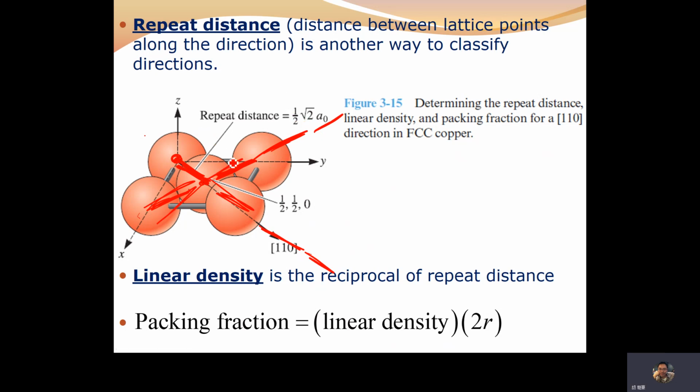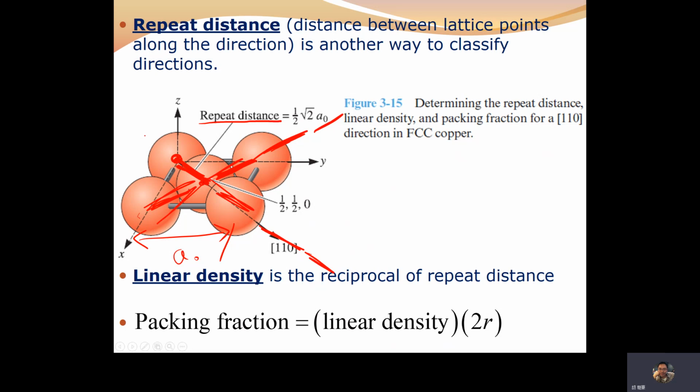This is an FCC structure, face-centered cubic. Therefore, its repeating distance equals half times square root of 2 times lattice parameter a naught. A naught is here. And the linear density is the reciprocal of the repeat distance.